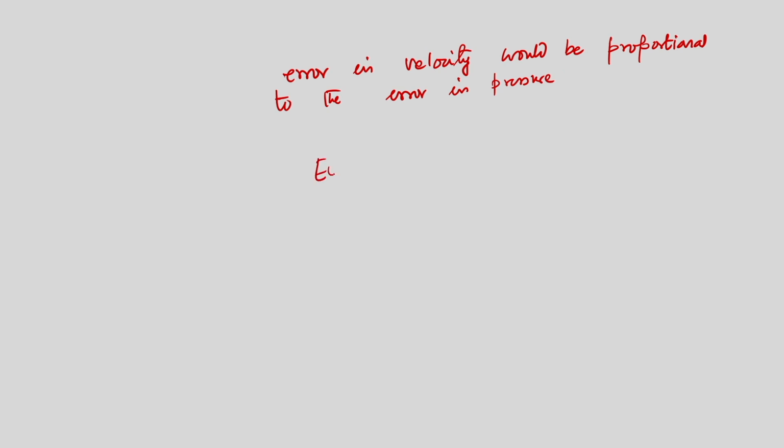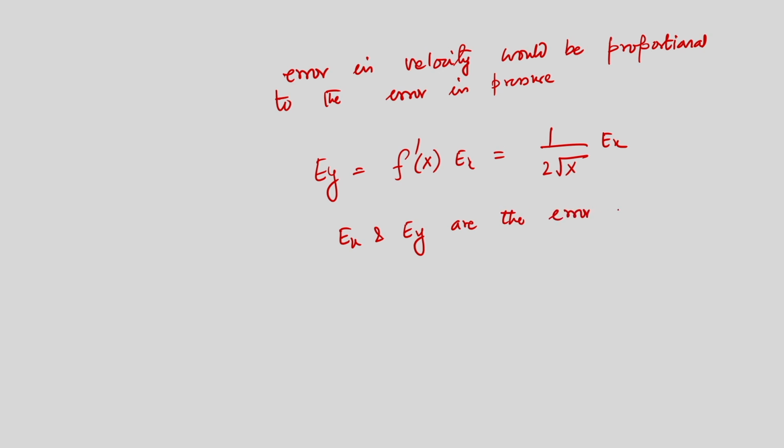That means E y will be f dash x E x, that is 1 upon 2 root x E x, where E x and E y are the errors in x and y respectively.